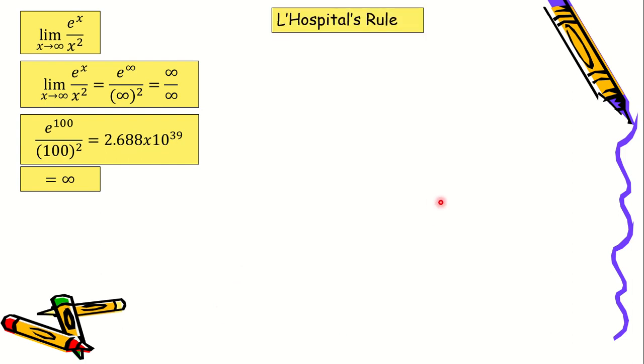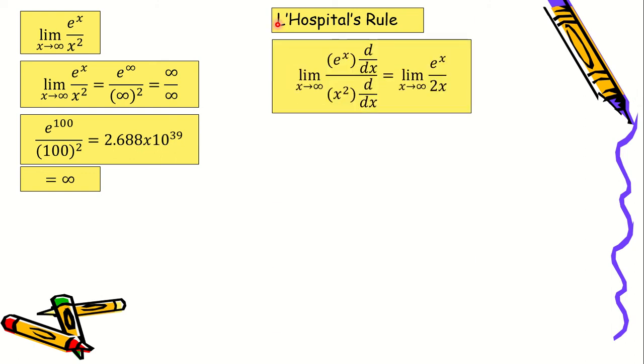But let's use L'Hospital's rule to find out the answer. So ang gagawin natin is to take the derivative of the numerator and the denominator separately. So we have the limit as x approaches infinity of d over dx of e raised to x, and kukunin din yung derivative ng x squared.